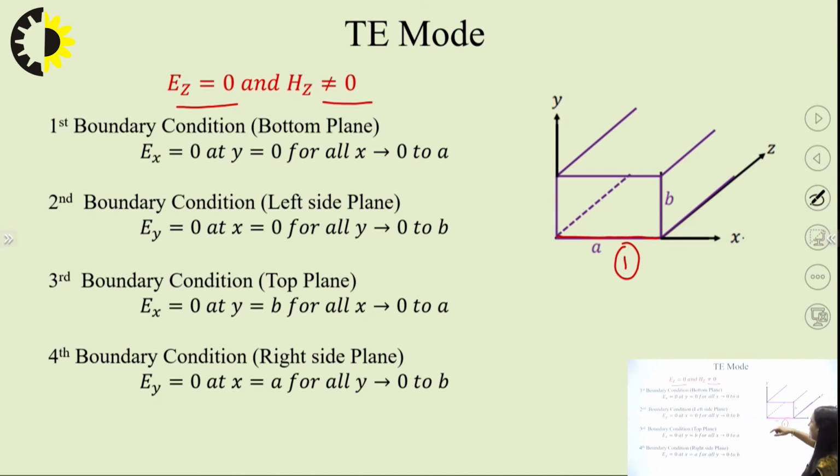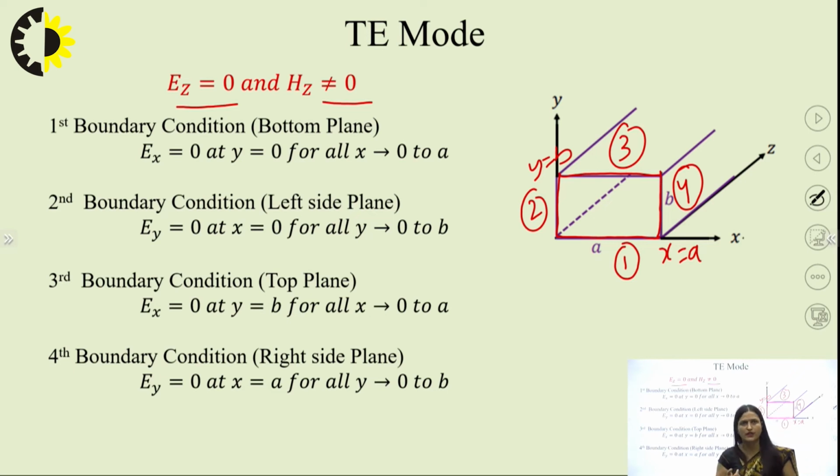Again Ey is 0 at x equal to 0 and y varies from 0 to b. Third boundary condition, Ex is 0 at y equal to b and x varies from 0 to a. Fourth boundary, Ey is 0 at x equal to a and y varies from 0 to b. This is the fourth boundary condition, right? It means at the boundary the electric field is 0 in case of TE mode.